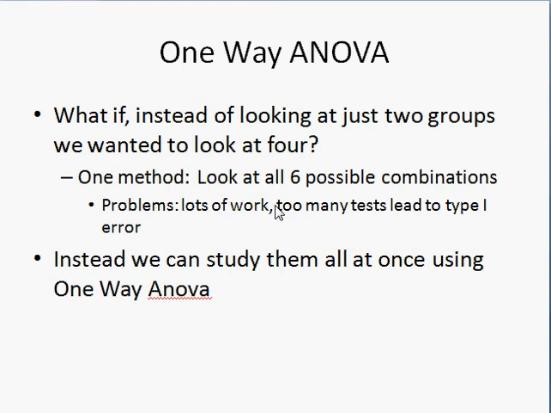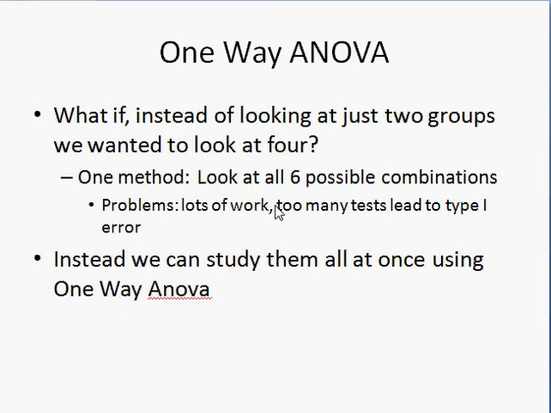While that would work, it creates a problem. Remember that if we use a 95% confidence interval, we have a 5% chance of a type 1 error every test we run. If we run 6 tests, that 5% chance is now about 6 times larger. We would take that 0.95, the chance that we get it right, and raise it to the sixth power.